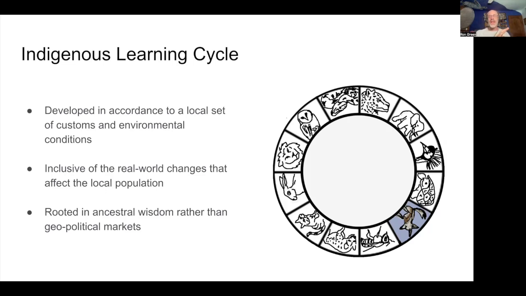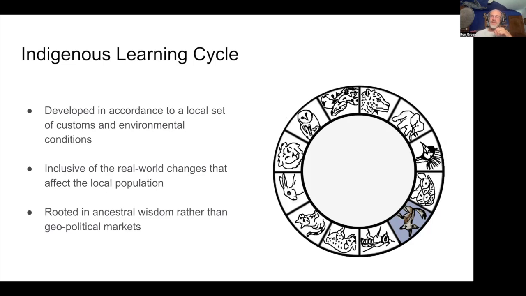So when we talk about this, a very particular cycle of learning that we are developing organically ourselves, we might use this as an indigenous learning cycle. So we're trying to create an indigenous learning cycle. Indigenous learning cycles are developed in accordance to a local set of customs and environmental conditions. Indigenous learning cycles are inclusive of the real world changes that affect the local population.